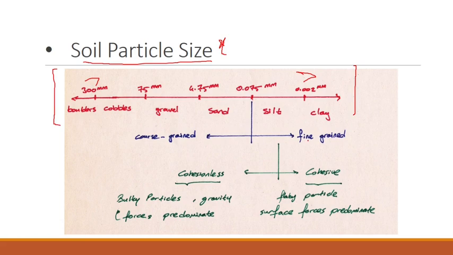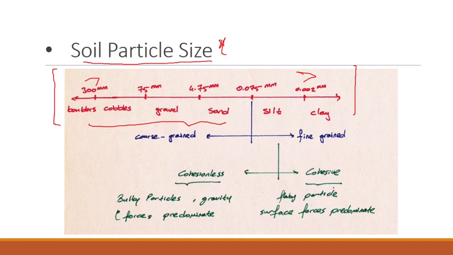Silt and clay are part of fine grained soils, and the others are part of coarse grained soils. Silt and clay have specific properties that are cohesive.